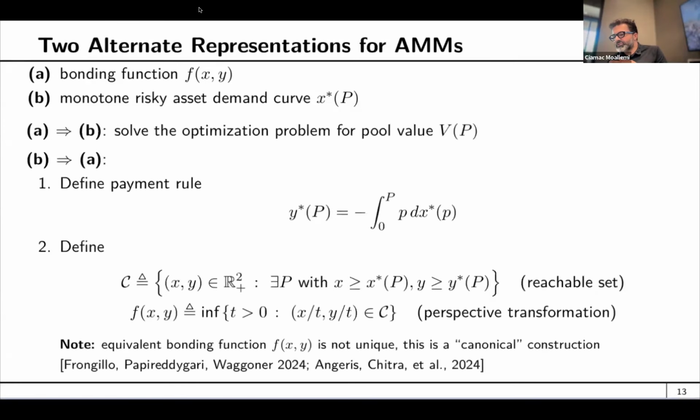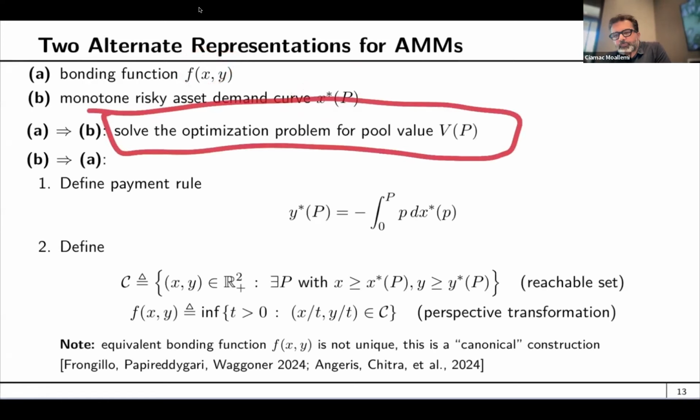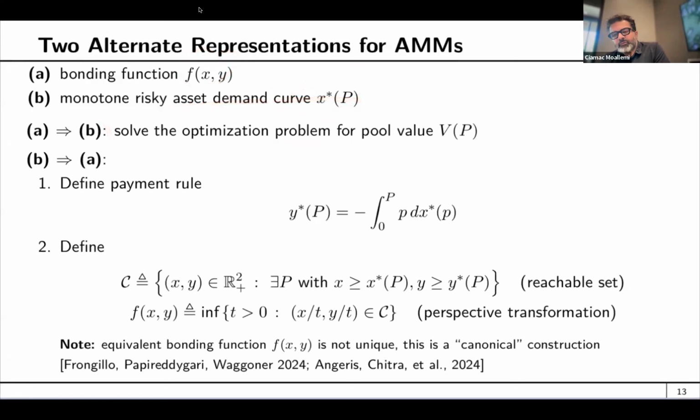And we've already seen how to do one direction. Going from the bonding curve to the risky asset demand curve is simply solving the optimization problem that defined the pool value function that I showed you a few slides before. So that direction is relatively straightforward.